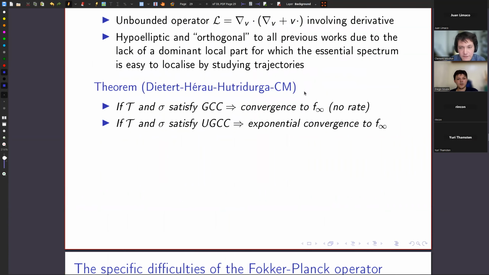Let me speed up a bit. So the theorem we proved is that if you have the geometric control condition, you have convergence. But more interestingly, if you have it uniformly, we prove exponential convergence to F infinity, and we do it quantitatively. We relate the rate to the control condition.